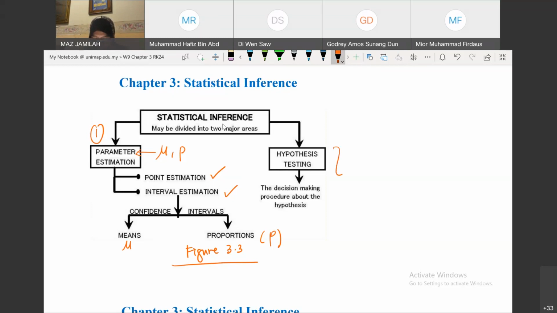It is a bit complicated, but most of the time, if you're talking about an experiment, this will be used as your proof, as your proof that your experiment is actually representing your population, or that your sample can be used to make inference for your population. So that is in a simple way how statistical inference can be done.